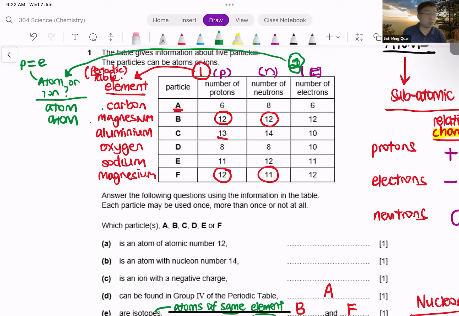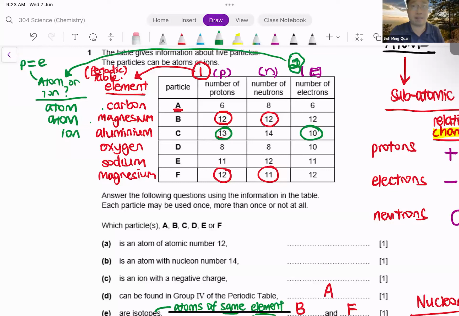Then you come to C. Immediately you see something odd, right? It has 13 protons, but only 10 electrons. It has fewer electrons. Fewer electrons means the charge is no longer 0. It's no longer an atom. Fewer electrons means it's a positive ion, because positive ions, like potassium just now, were formed by losing electrons. Losing electrons, you have fewer electrons.